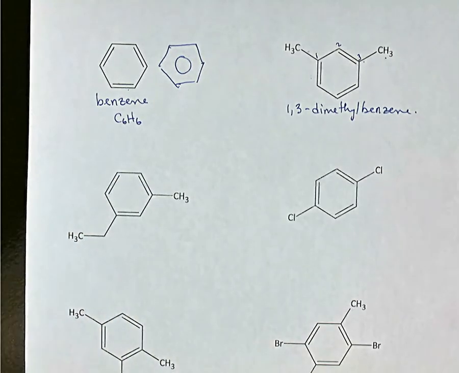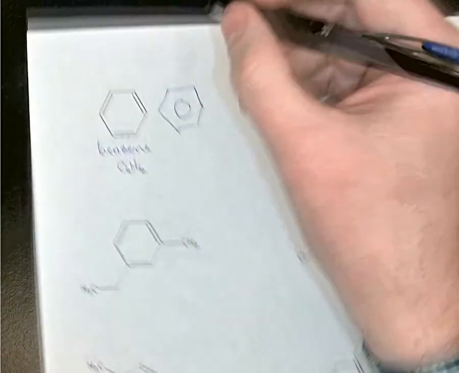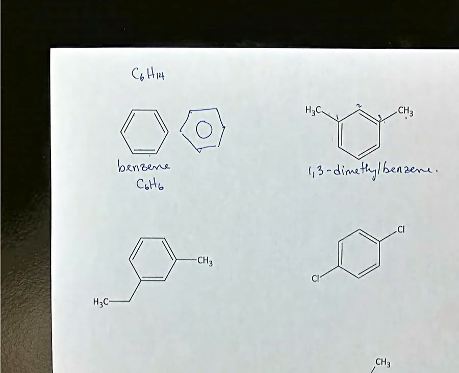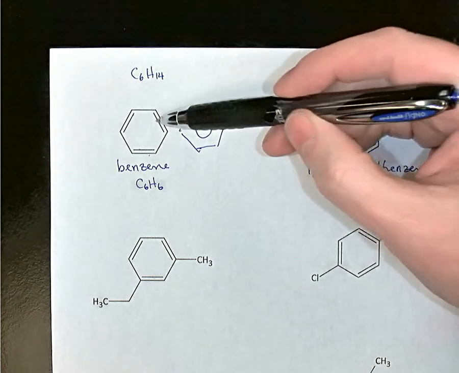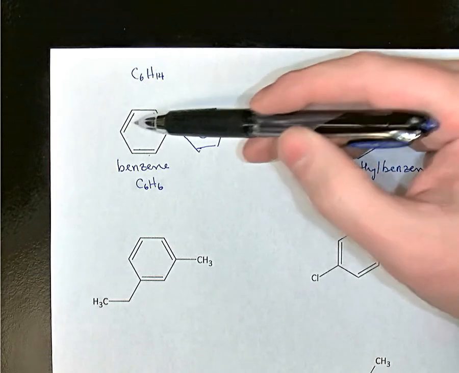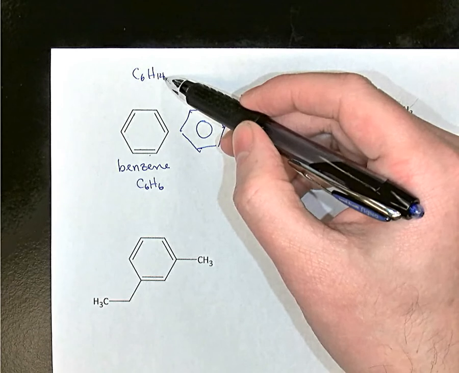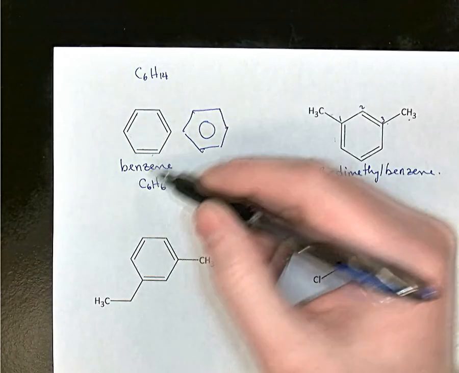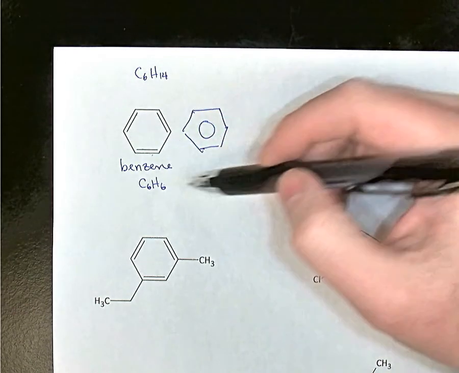You could also figure that out because 6 carbons, if it were an alkane, would be C6H14, twice the number of carbons plus 2. But we have a ring, so we have to lose 2, and then we have 3 double bonds where we lose 2, 4, 6. So you have to lose 8 hydrogens from that. So if you take 14 minus 8, you'll get C6H6. But you could just memorize that benzene is C6H6. Each carbon has 1 hydrogen attached.